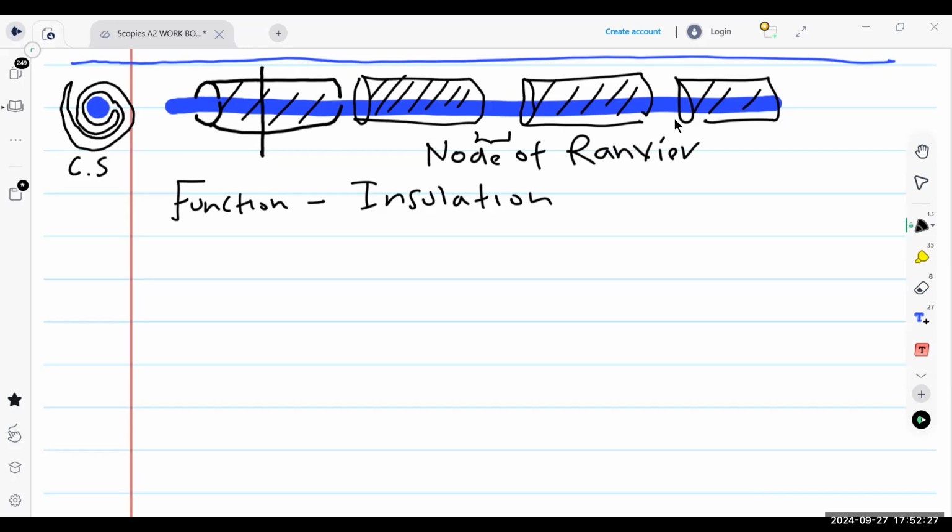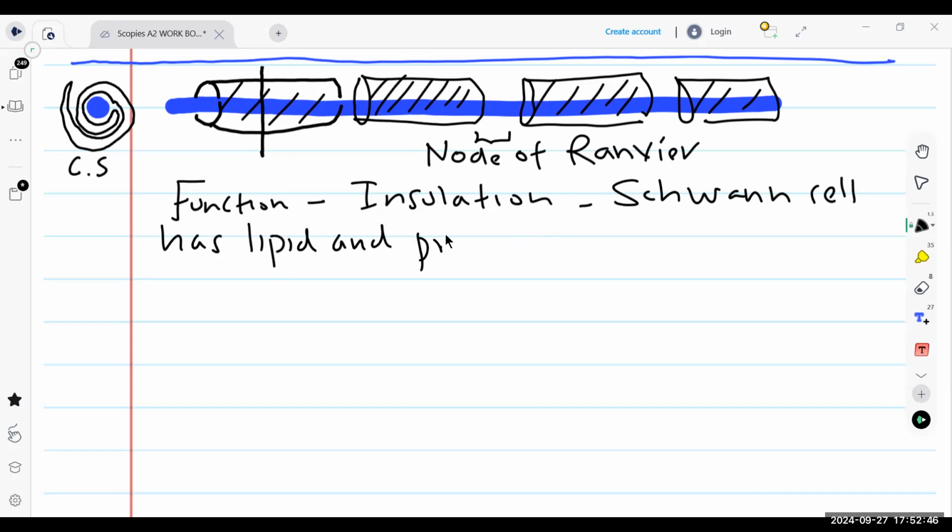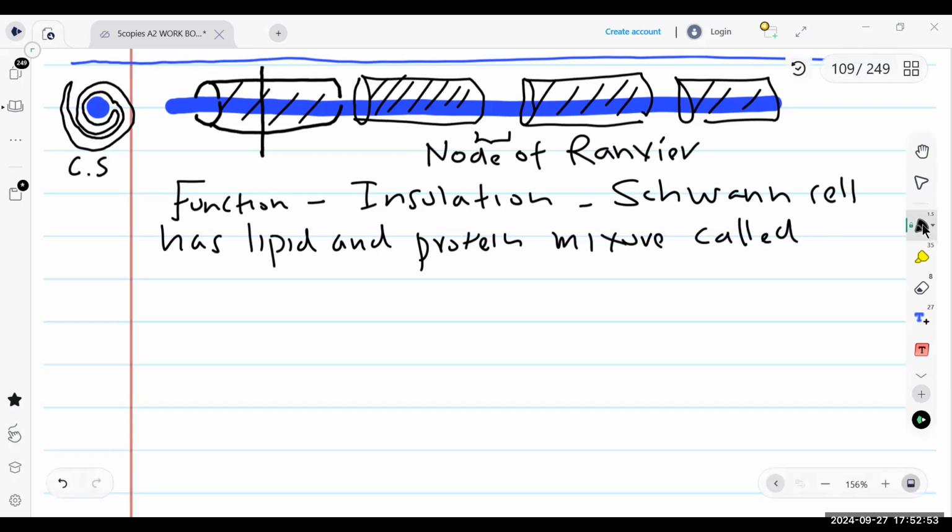It can also insulate. This is due to a special protein and lipid in the Schwann cell. The Schwann cell has a lipid and protein mixture called myelin.